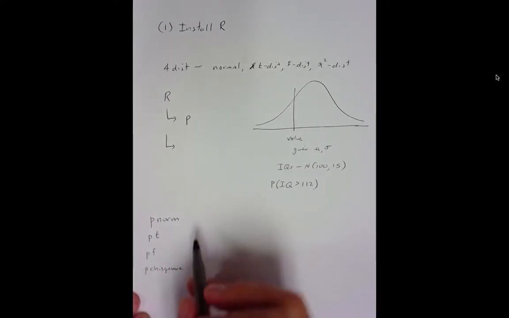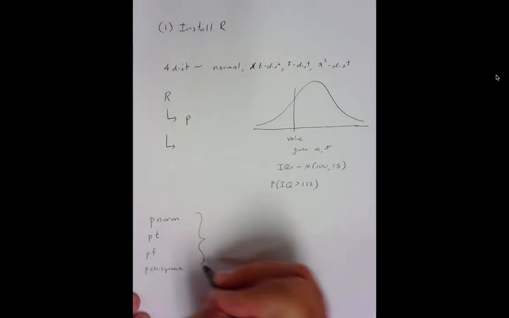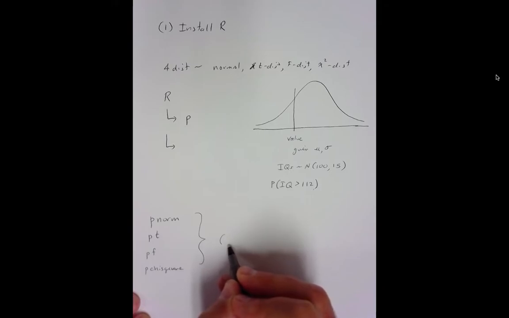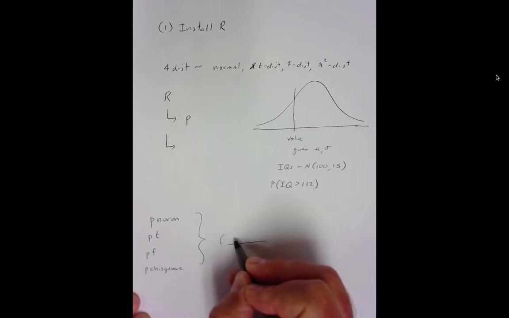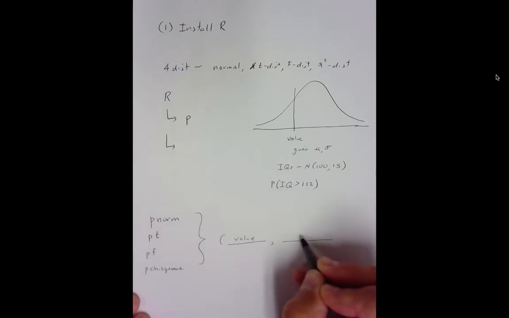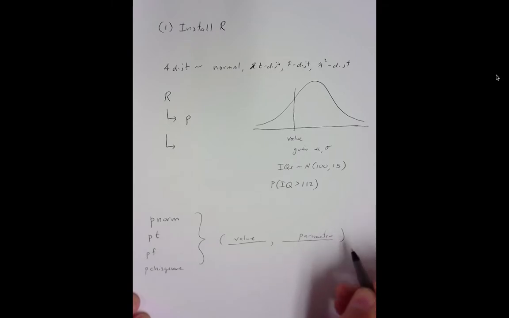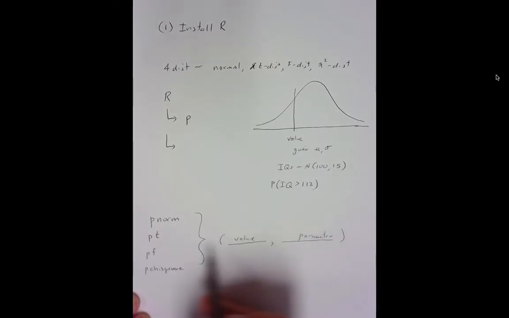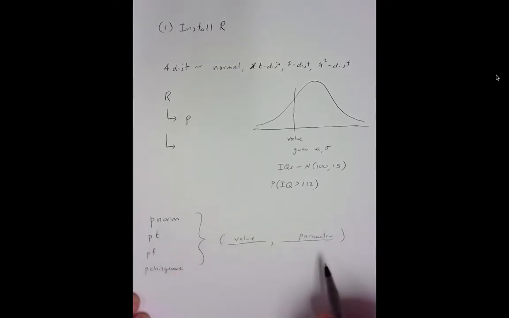What these functions do is we have a value from the distribution, then we have the parameters, which are either the mean and the standard deviation or the degrees of freedom for these distributions, so we could have one or two parameters, and then it gives us the value.